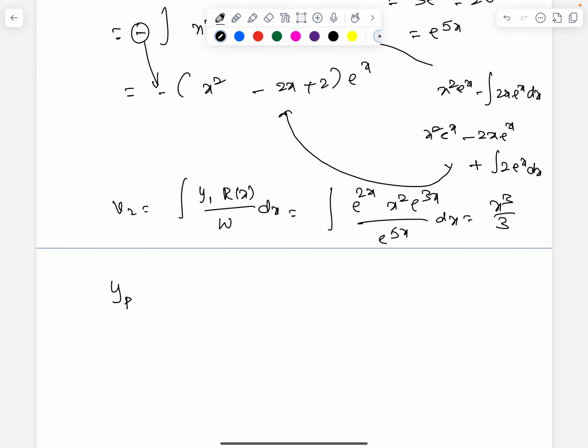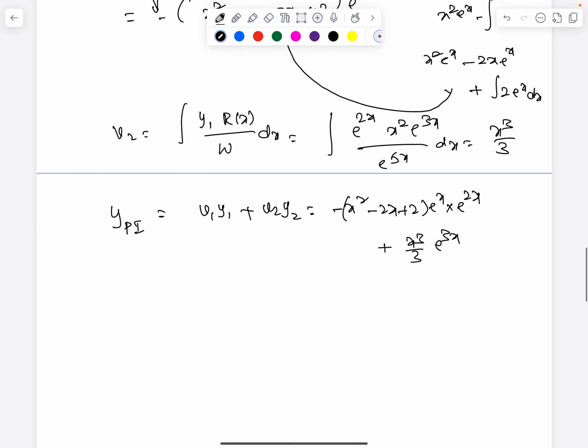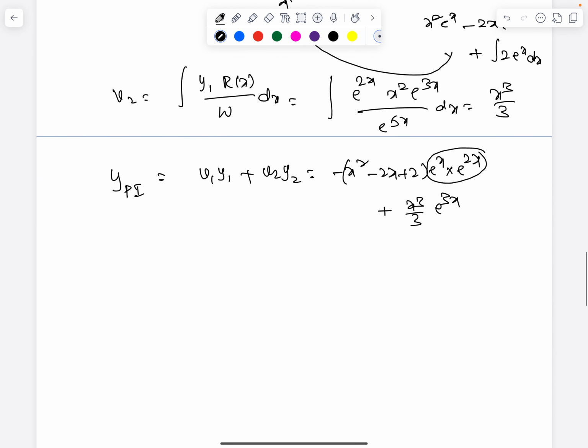Therefore yp is equal to v1 y1 plus v2 y2, that is, v1 equal to minus x square minus 2x plus 2 times e power x multiplied with e power 2x, plus v2, which is x cube by 3, times y2, which is e power 3x. If you simplify, you can take e power 3x common, and yp is e power 3x times x cube by 3 minus x square plus 2x minus 2.